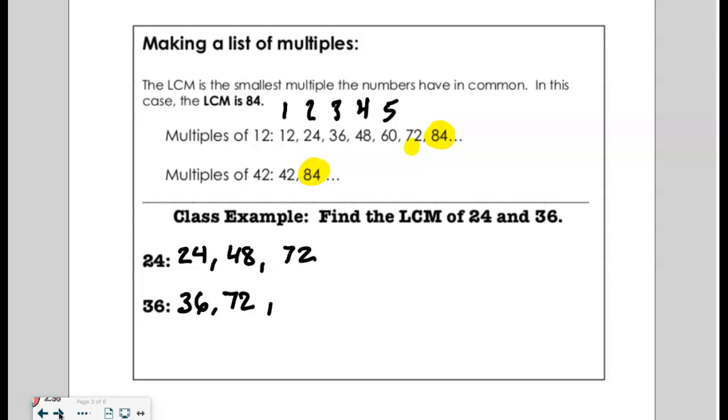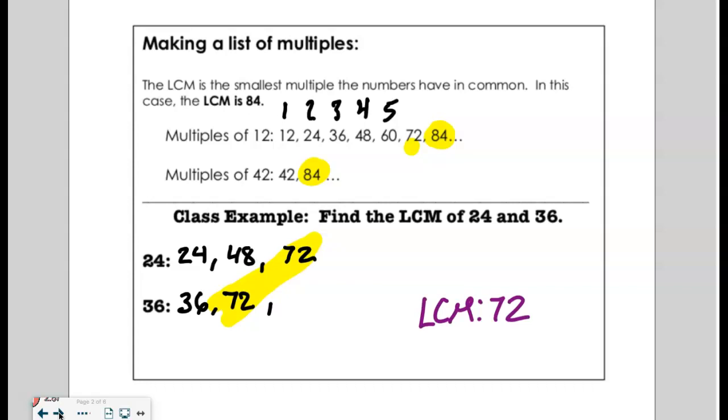So we found our LCM. Our LCM for 36 and 24 is 72.